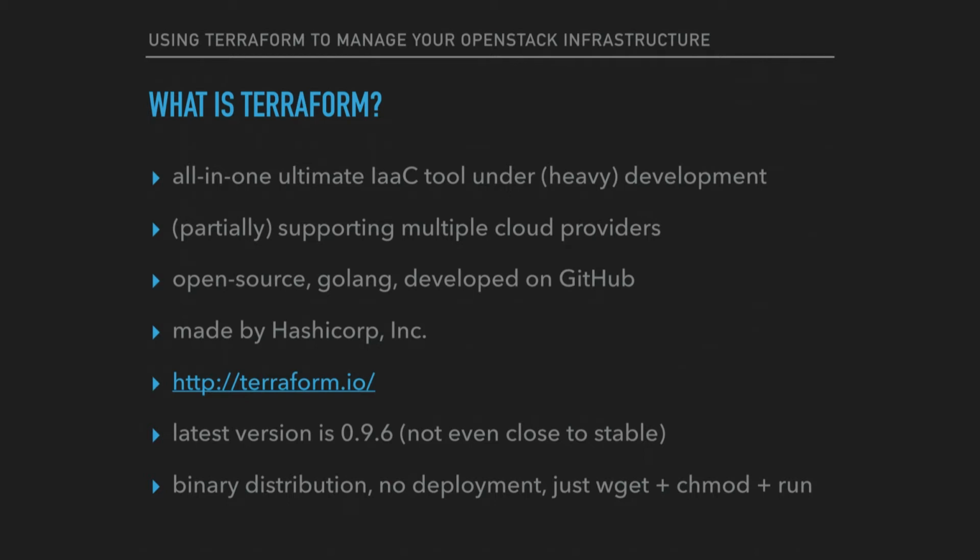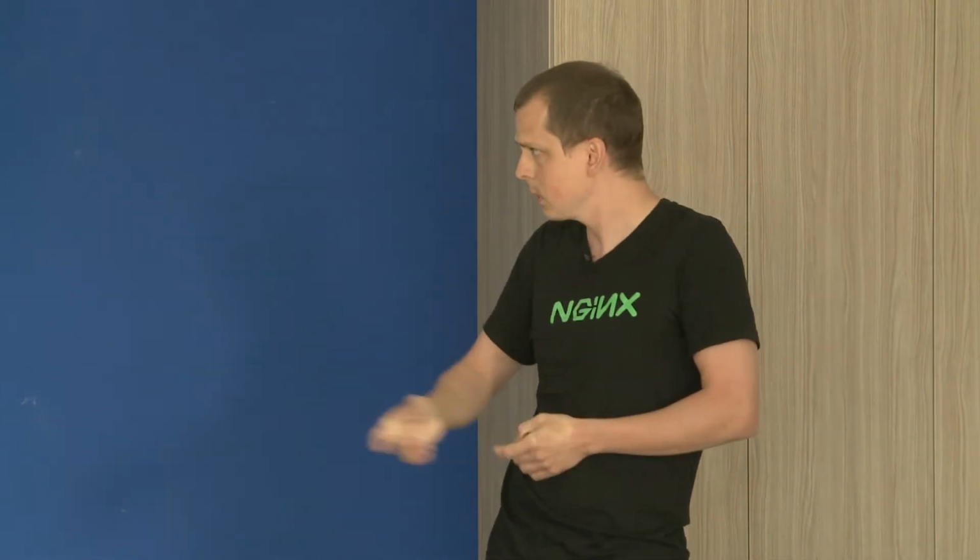His company develops plenty of different tools for managing different cloud and software things, and Terraform is a tool used for provisioning, for creating, for management of infrastructure that you declare as code.